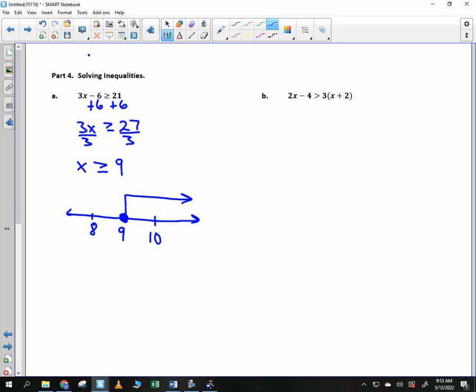For the next one, before I get started, I must distribute the 3. So we have 2x minus 4 is greater than 3x plus 6. I'm going to get my variables on one side, so I will subtract the 3x's. And I get negative x minus 4 is greater than 6.